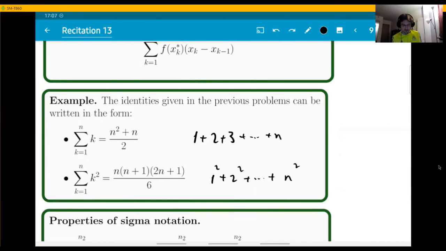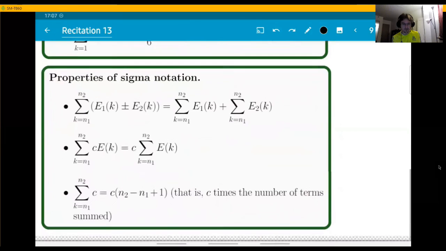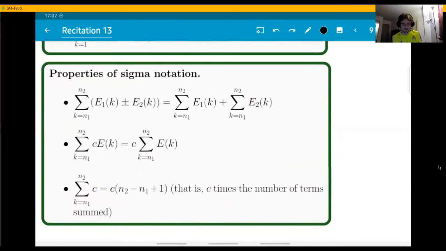Now there are some very useful, very intuitive properties of sigma notation. Basically, you can split sums and differences inside of it. Should be plus or minus here as well. You can split sums of sums into 2 separate sums. You can factor constants outside. Think about what this represents here.